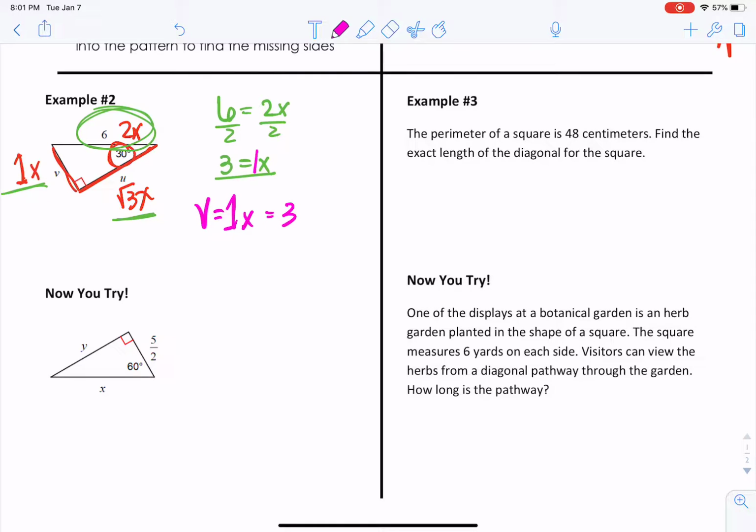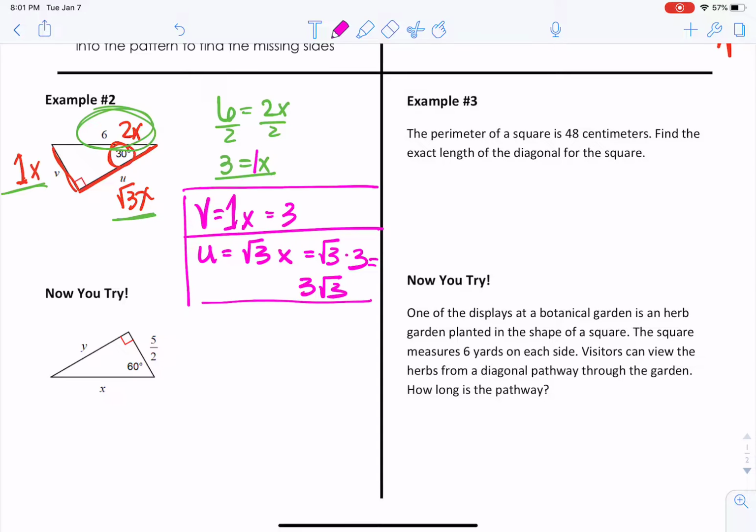And then u equals square root of 3 times x, which is square root of 3 times 3. And we just rewrite that for proper form as 3 square root of 3. So again, there are my 2 answers for the sides for v and u.